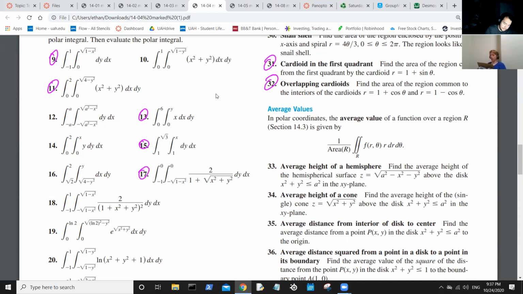It does not matter. We always are going to do dr d theta. So r dr d theta of the function x, which we redefined as r cosine theta now? Yes. So that r cosine theta is separate from the r that's already sitting there?